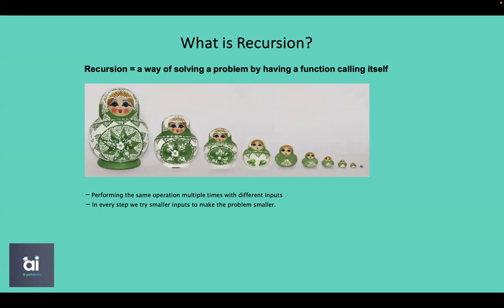Because every time we make the problem smaller, it makes it easier to find the solution at the end, which is the smallest Russian doll that does not contain another one. This is the solution for this problem.